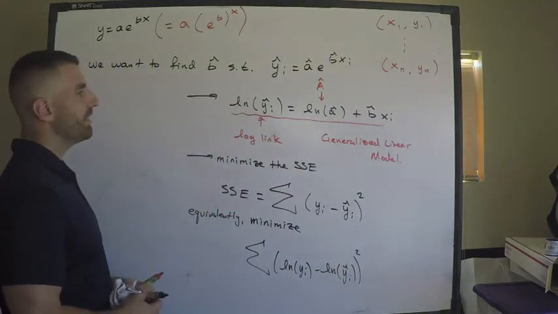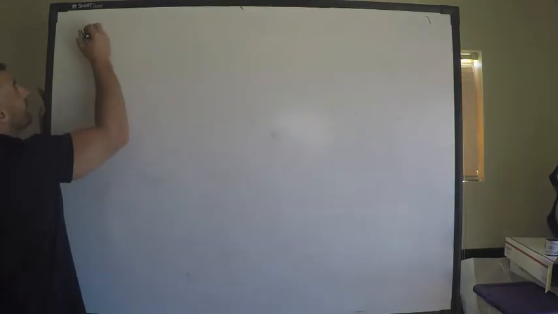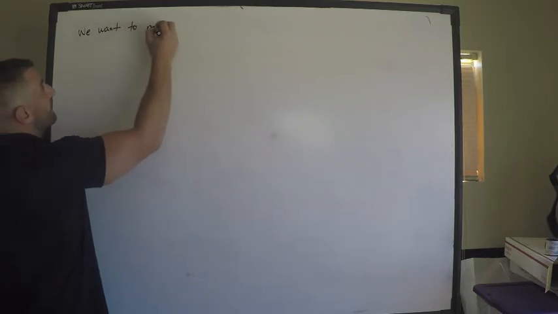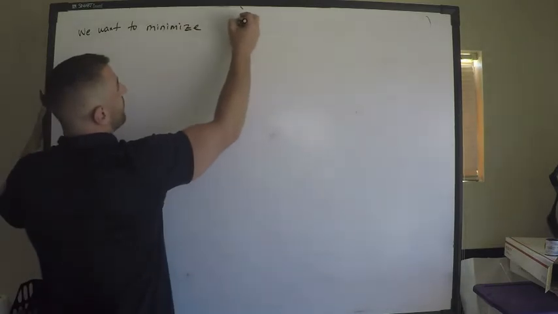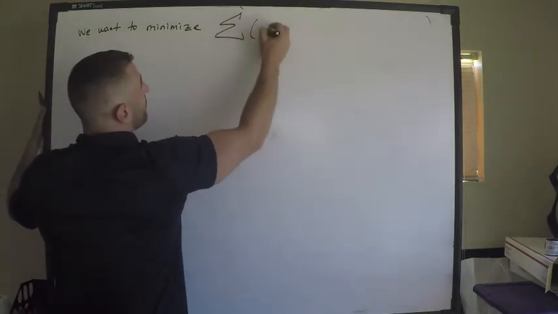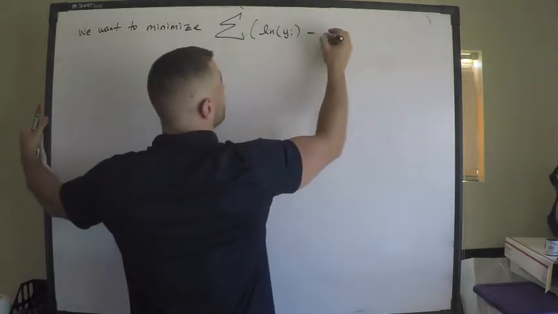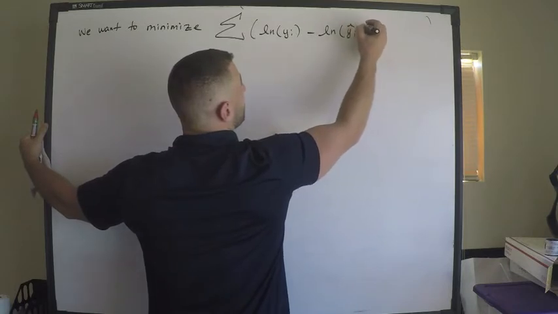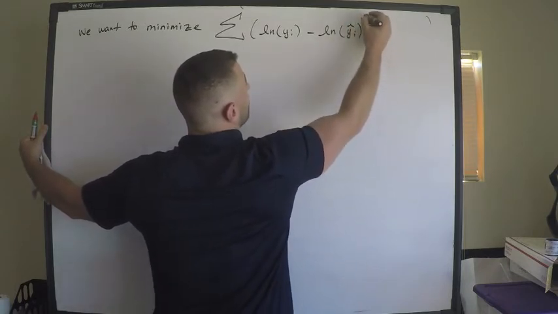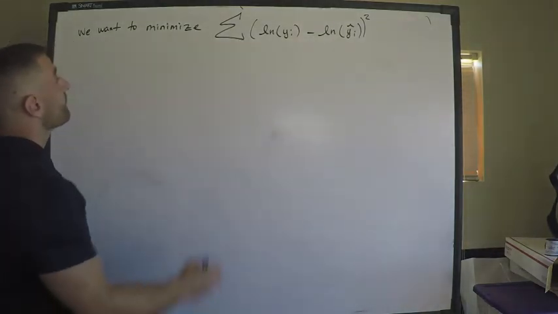And when I do it this way, basically it's a little more straightforward. Here we want to minimize the sum of ln of our response minus ln of our fitted value, squared. And now I want to rewrite this.